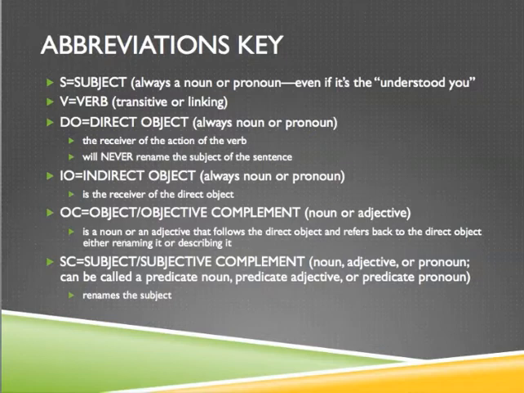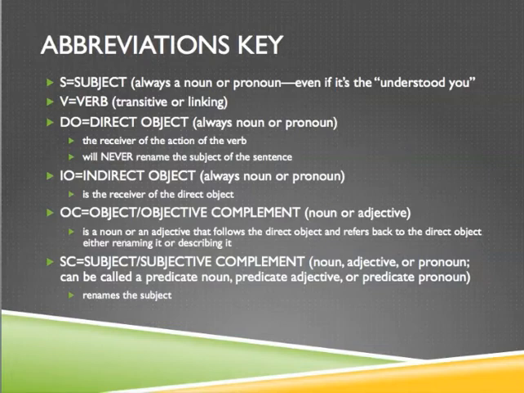The OC, or object or objective complement, you may hear it called objective complement, is a noun or an adjective that follows the direct object and refers back to the direct object, either renaming it or describing it. The SC stands for subject or subjective complement.